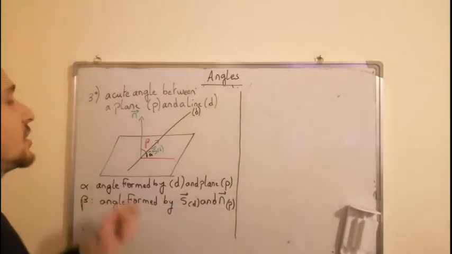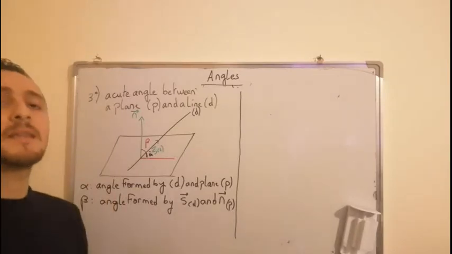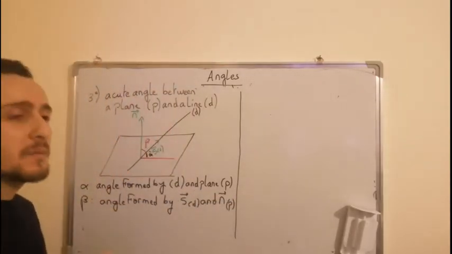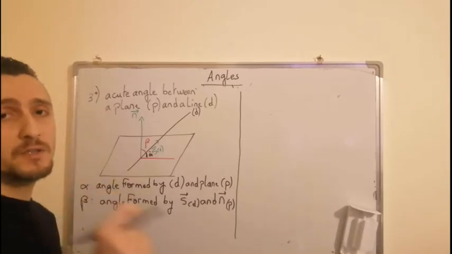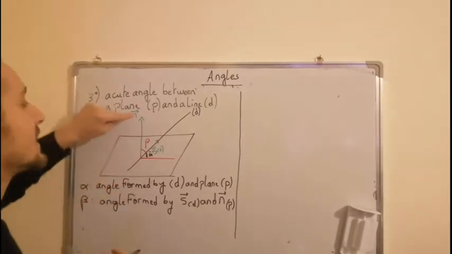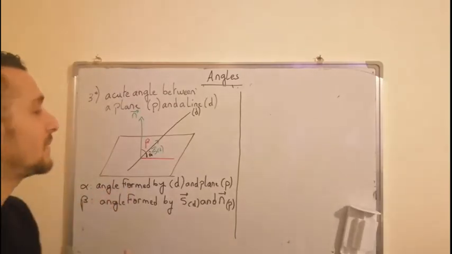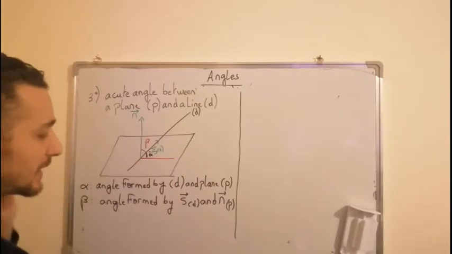What is the relation between alpha and beta? They are complementary angles. What's the meaning of complementary angles? I mean their sum equals pi over 2. Why? Since the normal vector is a vector perpendicular to the plane, it's perpendicular to any line included in this plane.